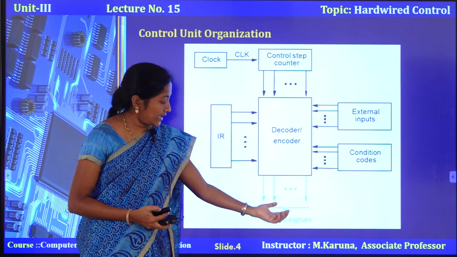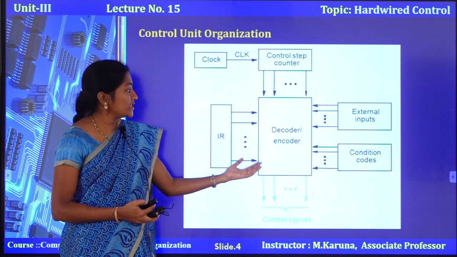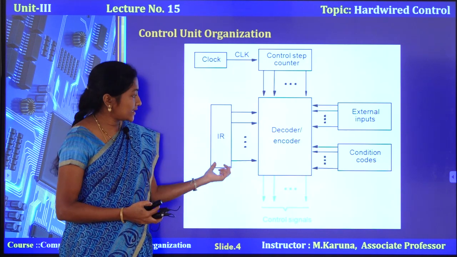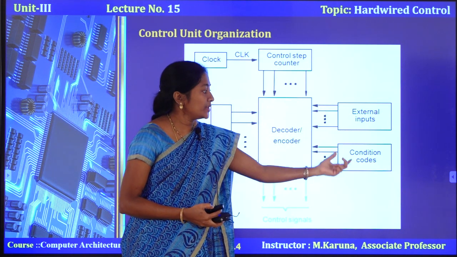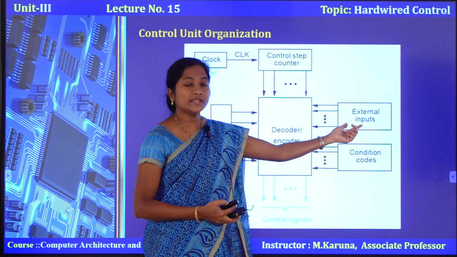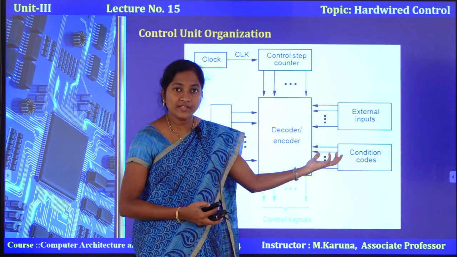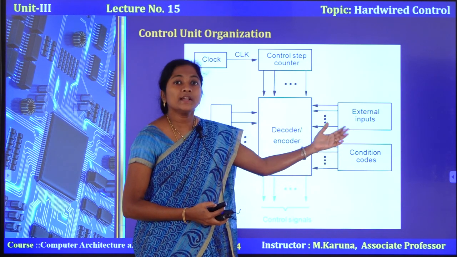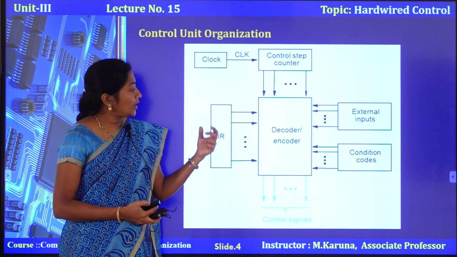So, the generation of control signals depends on the information provided by the instruction register, control step counter, external inputs and condition codes. Here external inputs are coming from other devices, for example interrupts. We will discuss interrupts in later classes. Okay, let us see one by one.